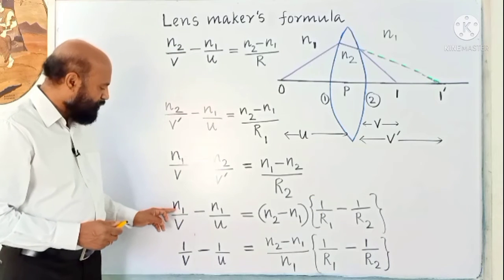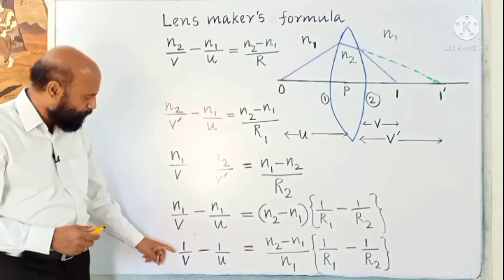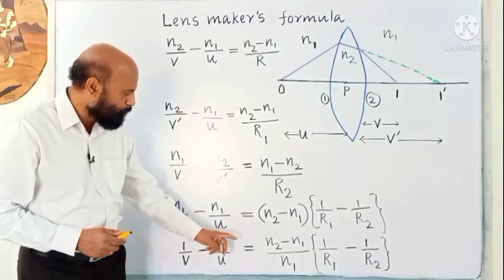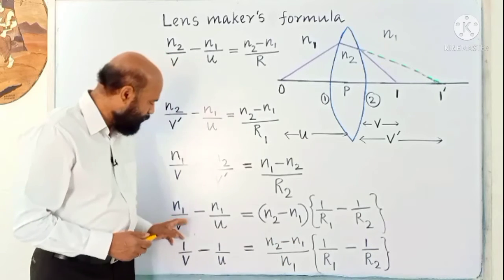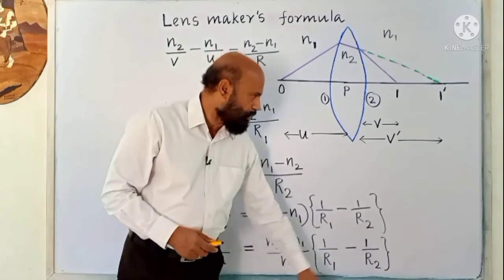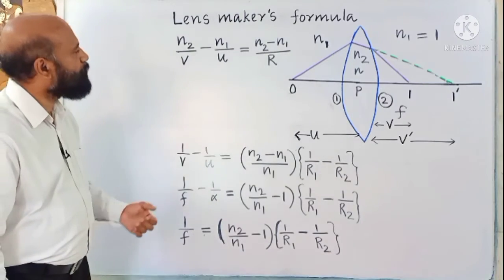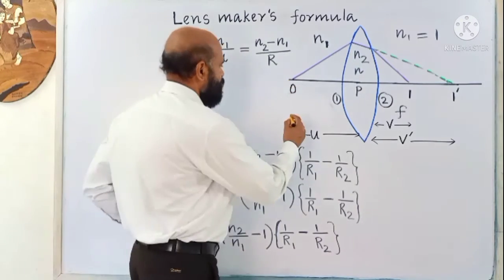After that, you take this N1 to the other side. So you will get 1 by V minus 1 by U is equal to N2 minus N1 by N1 into 1 by R1 minus 1 by R2. This is the expression we got. Suppose the object is at infinity.